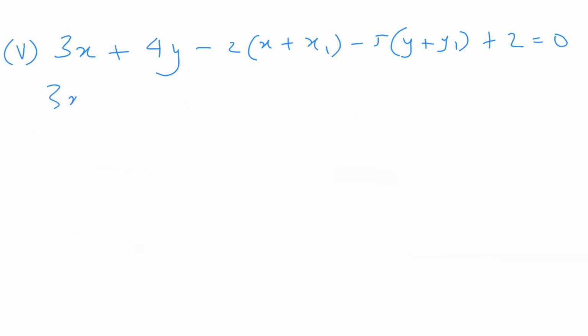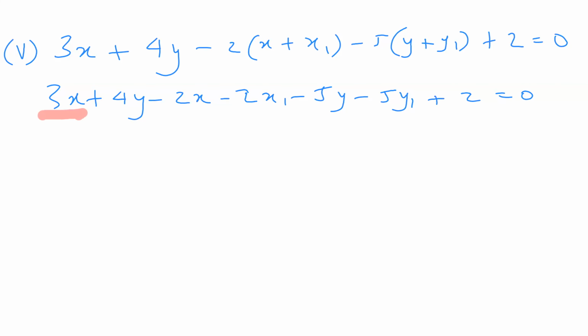Let's simplify this. 3x plus 4y minus 2x minus 2x1 minus 5y minus 5y1 plus 2 is equal to 0. Let's combine the terms which are having x.